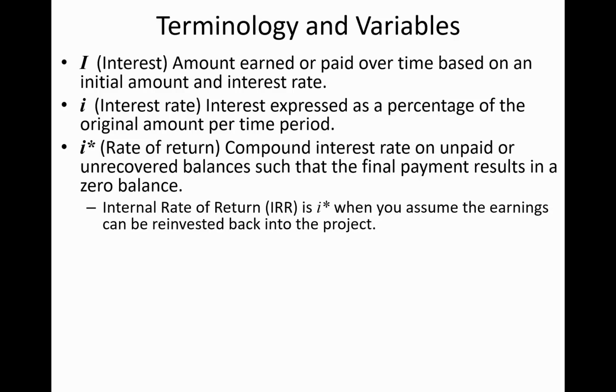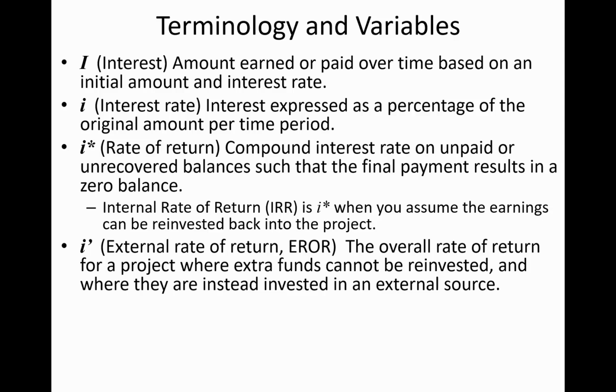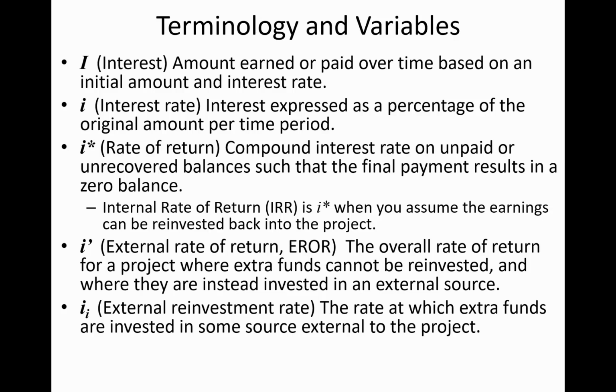So the rate of return brings a balance between the inflows and the outflows. i prime is the external rate of return, which we talked about Friday last week, and then also practiced on Monday. That's where the earnings aren't reinvested into the same project, and instead they have to be put into a different location, an external account that has a separate external reinvestment rate.